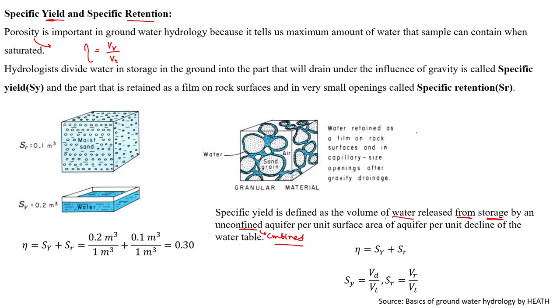Essentially, suppose you take a 1 meter by 1 meter by 1 meter soil sample. Initially the soil sample is fully saturated.